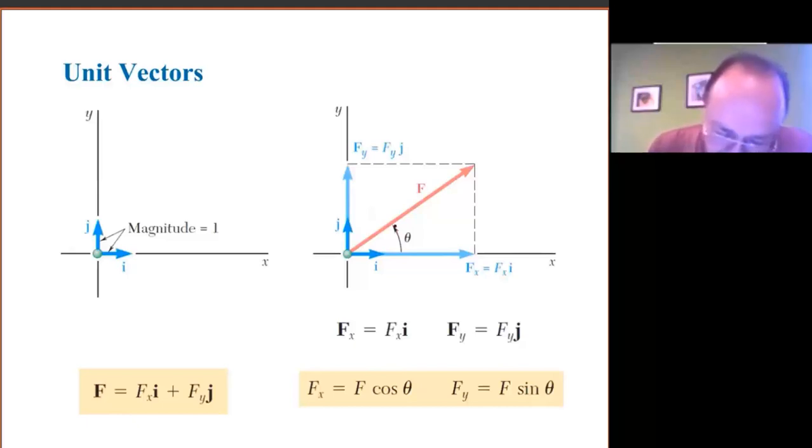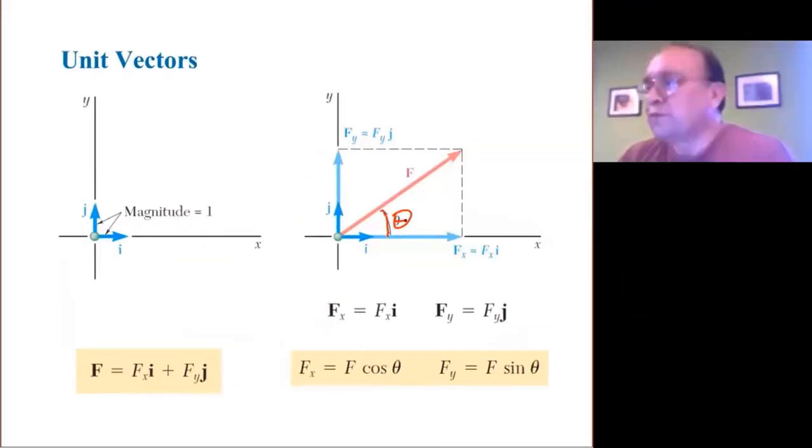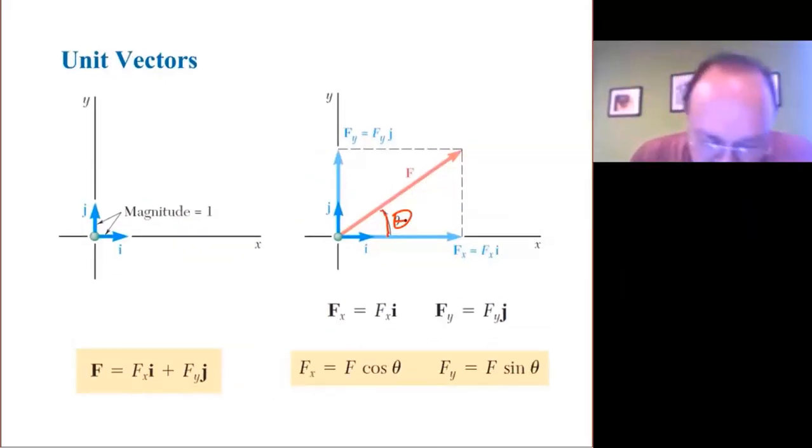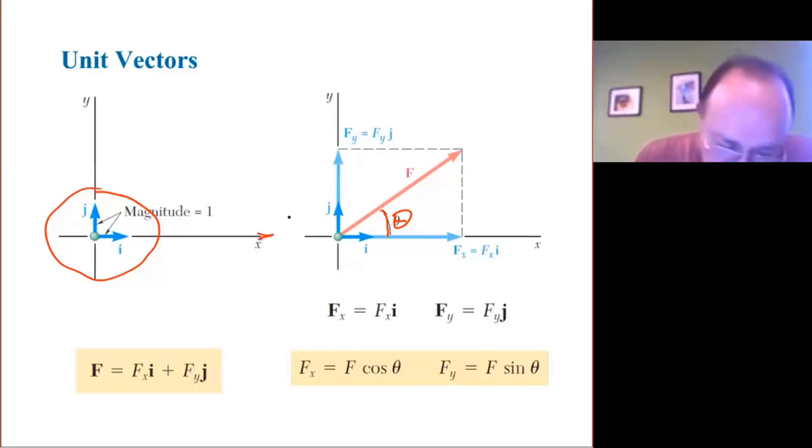If this is the angle theta right here, then let's define here these unit vectors i and j, in order to set up some kind of convention. i is a vector of magnitude 1 and j is a vector of magnitude 1. These vectors are i in the direction of the x-axis and j in the direction of the y-axis.